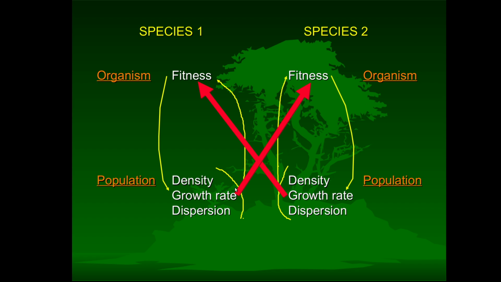So the growth rate and density of one population can influence the fitness of the second population, which influences its own growth rate and density, which then influences the fitness of the first population.